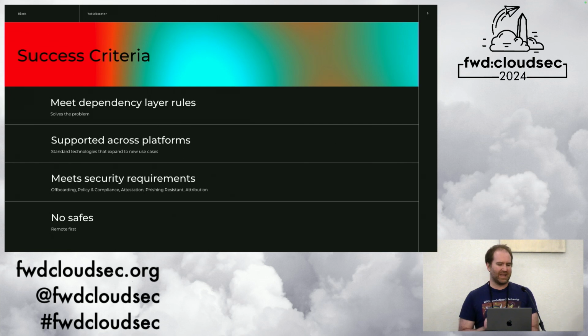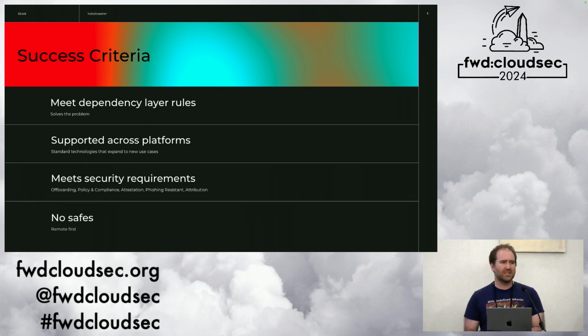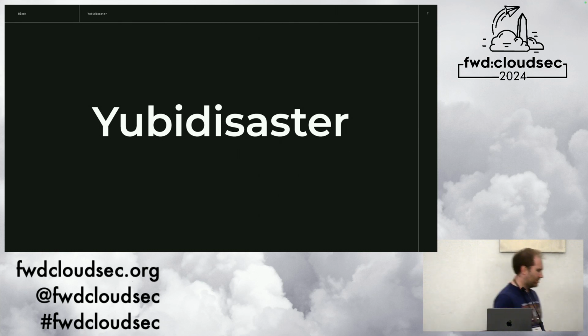So we needed something that handled offboarding, policy and compliance, device attestation, something that was phishing resistant, and also had attribution to who was doing what during an emergency. And finally, we are a remote company, so we couldn't go to a safe because that would slow down our time to recovery. So Brett is going to talk about how we built yubidisaster to achieve these goals.